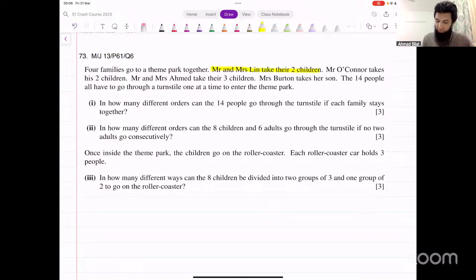They have 2 children with them. Mr. O'Connor takes his 2 children, so that's 3 people. And then Mr. and Mrs. Ahmed and the 3 children, there are 5 people. And then Mrs. Burton takes her son, that's 2 people. The 14 people all have to go through a turnstile, one at a time, to enter the theme park.